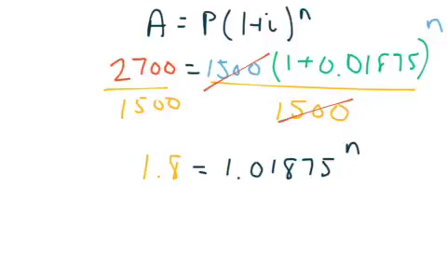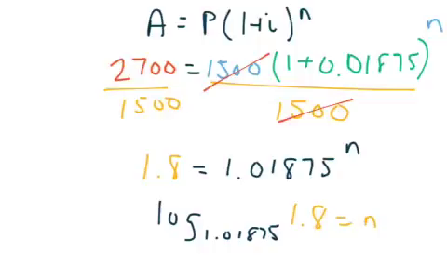The next step is going to be to convert this to a logarithm. Now we know how to do that in one of two ways. The way most of us will do that is to go log base 1.01875 of 1.8 equals n.